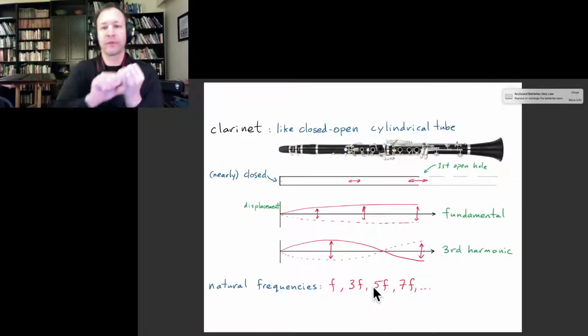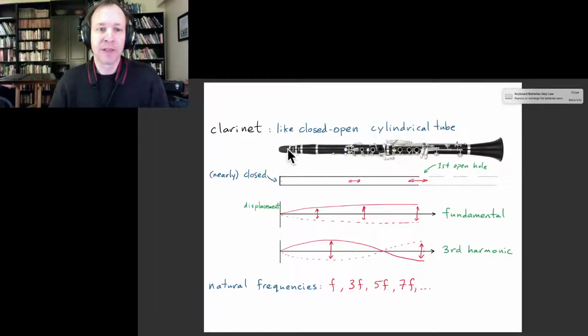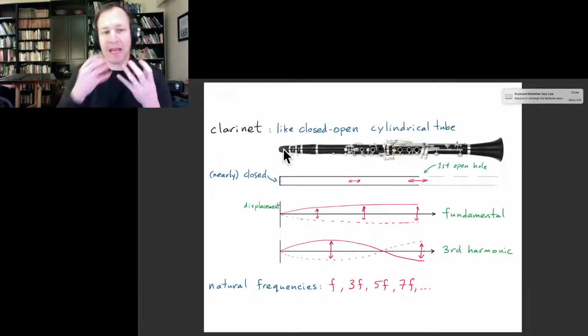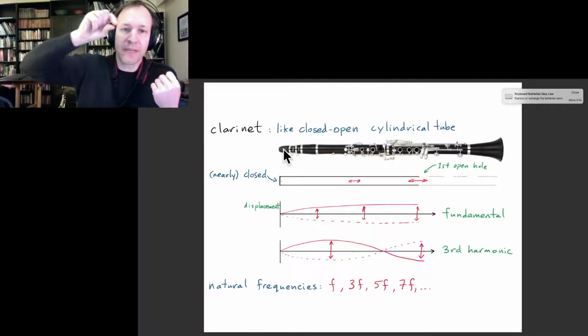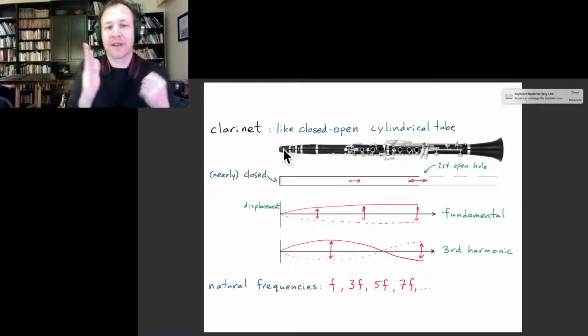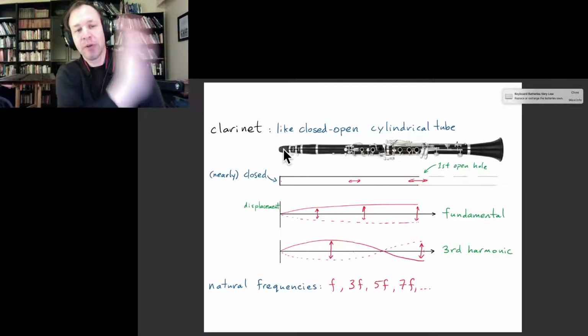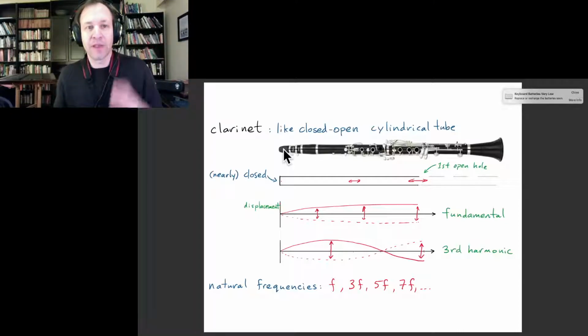Moving on to the clarinet, that's also a cylindrical tube, but it's closed at one end, like the demonstrations we did earlier with the trumpet type instruments. The clarinet has a mouthpiece in your mouth. There's a very small opening, and obviously that's where the air is coming in. But in terms of the motion of the air, it's mostly not moving very much right at that end, so we can treat it as a closed-ended tube.